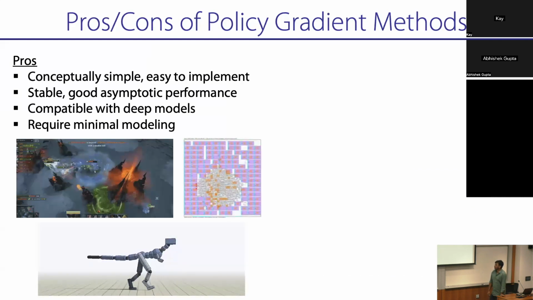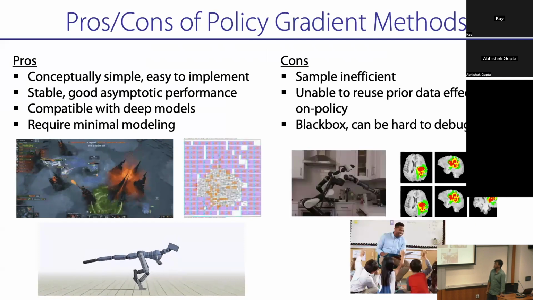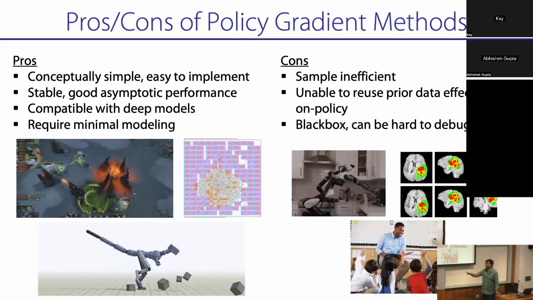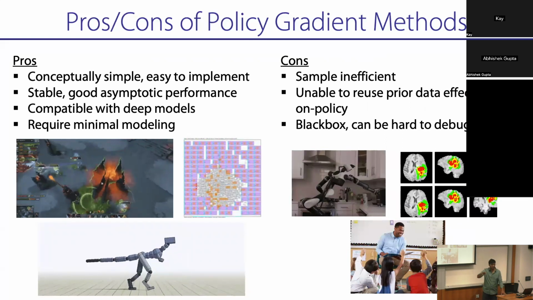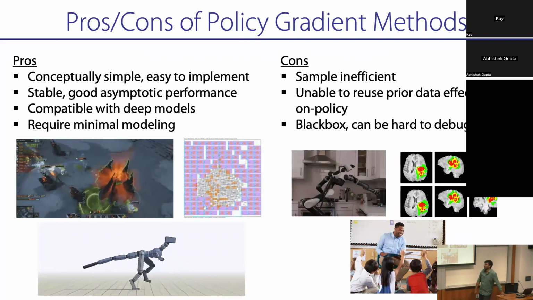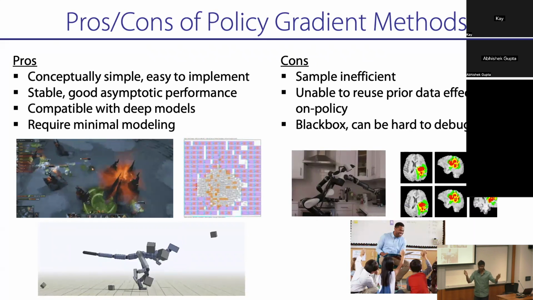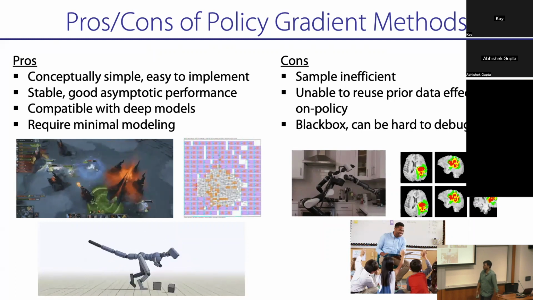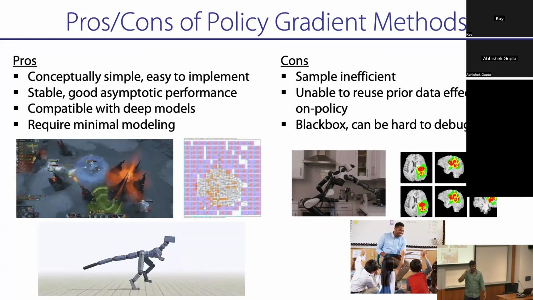Cool. So very quickly, pros and cons. I think policy gradient is nice because it's super simple. We've figured out the training tricks that make it stable. So you almost always have good asymptotic performance with enough sampling. It's easily compatible with deep models, right? You can use your fanciest architectures and it seems to work. And you often don't have to worry about contact modeling and those kinds of things.